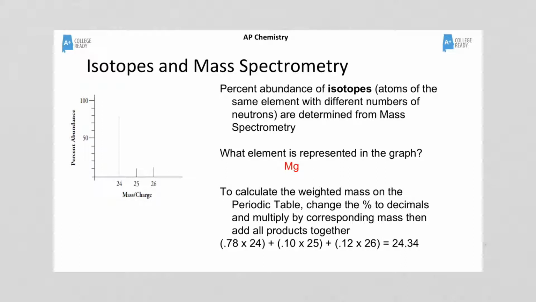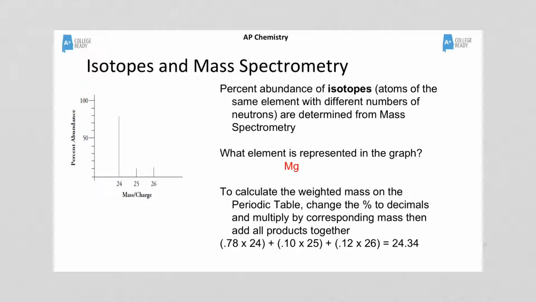The 25 mass is a little bit smaller. The masses on the periodic table are called weighted averages, or the average atomic mass, and these are coming from these percents of abundance. So the element this is, as you can see, it is magnesium if you look on the periodic table.